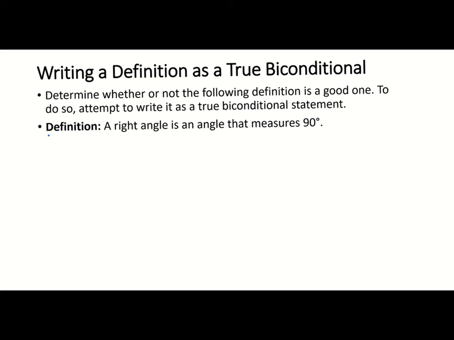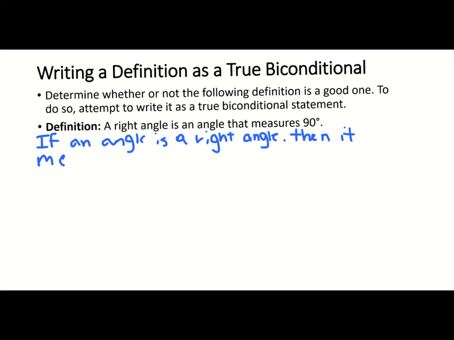I'm going to write that out. So if an angle is a right angle, then it measures 90 degrees. That is a true statement. So now let's look at the converse to that.